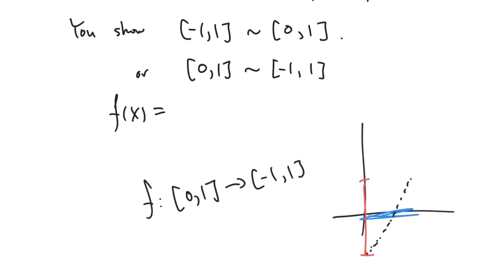The slope is not one. It's good. Can you show it's one-to-one and onto?